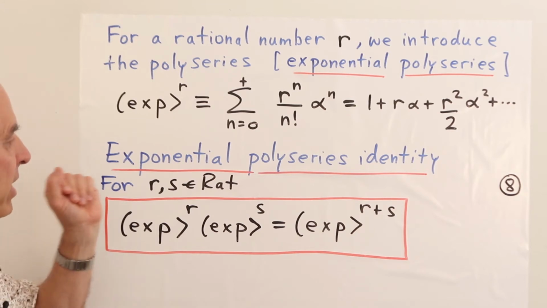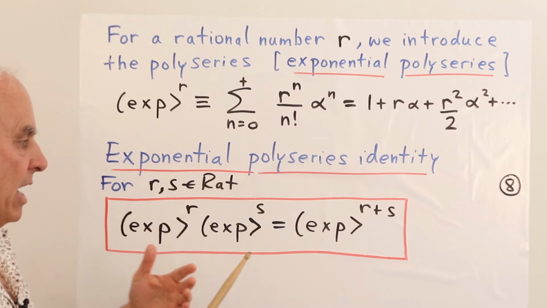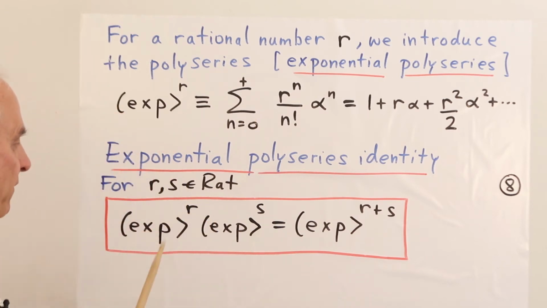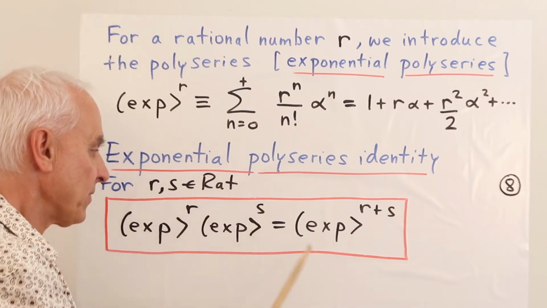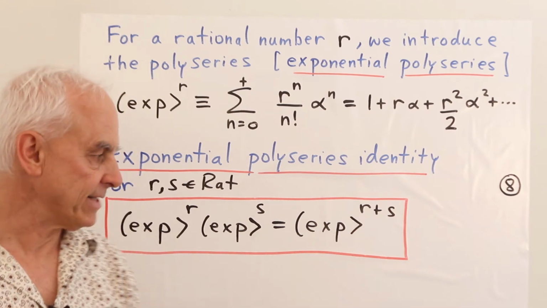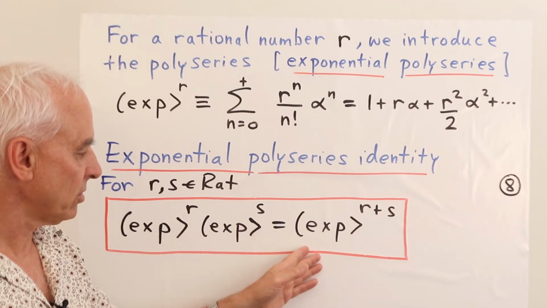Okay, and now we get to the exponential Pauli series identity, which is just a restatement in this language of that formula that I showed you before, that for r and s rational numbers, x to the r times x to the s equals x to the r plus s. It's exactly the same identity, but now in terms of this language.